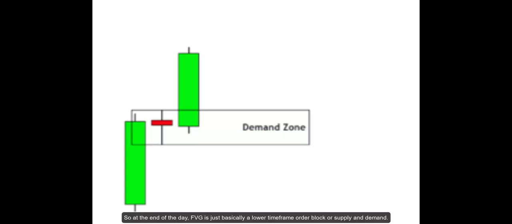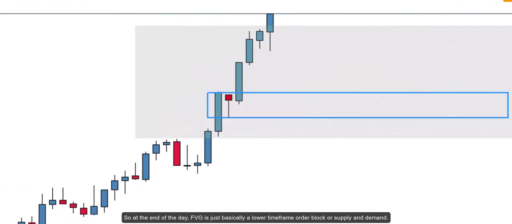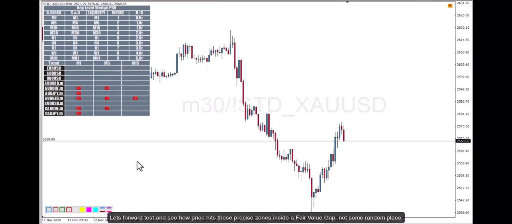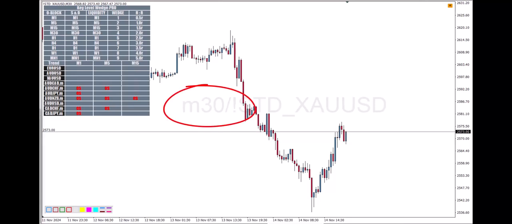So at the end of the day, a fair value gap is just basically a lower time frame order block or supply and demand. Let's forward test and see how price hits these precise zones inside a fair value gap, not some random place.